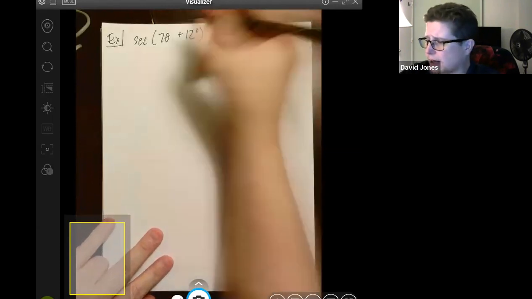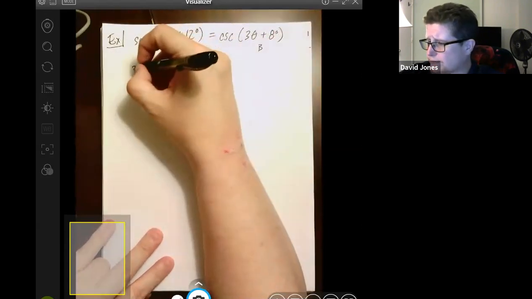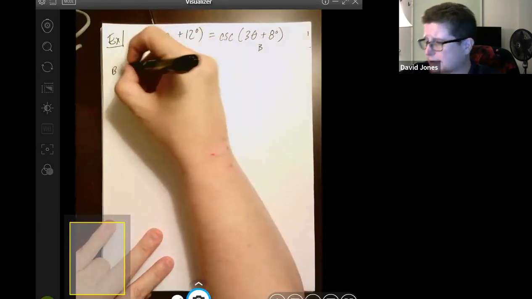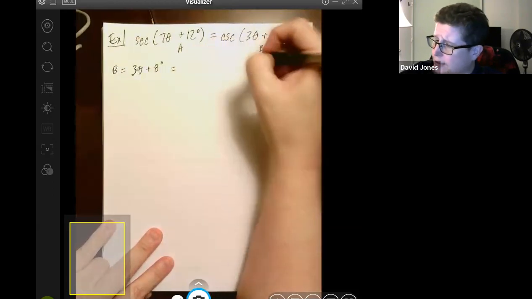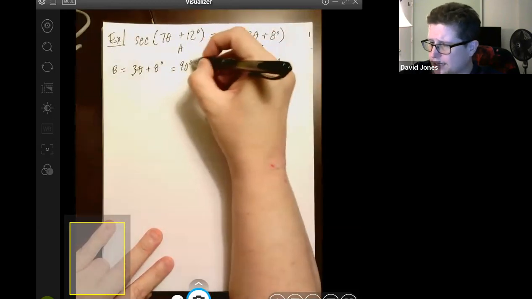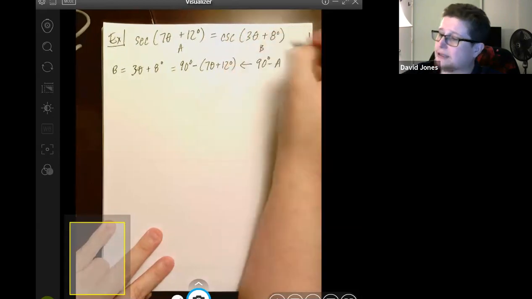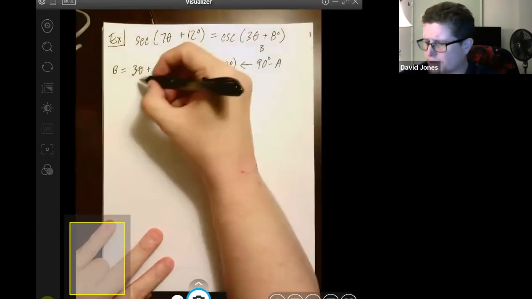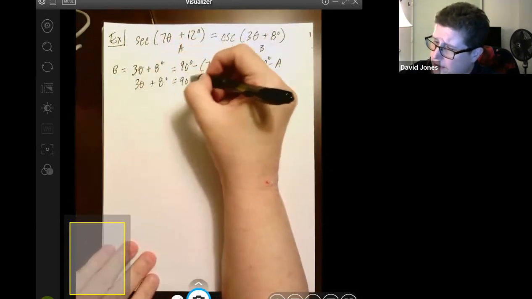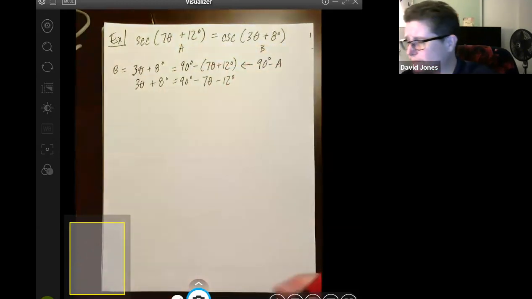Okay. I'm going to call this my A and this is my B. So 3 theta plus 8, which is B, equals 90 minus A, which is 90 degrees minus 7 theta plus 12 degrees. I'll distribute. It really just moves the negative into both of them.